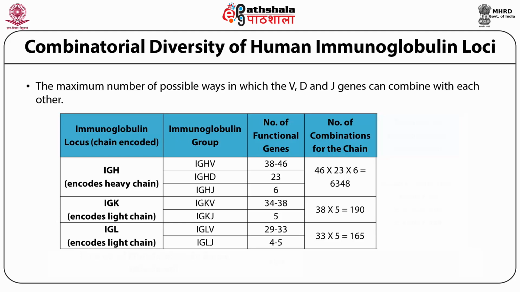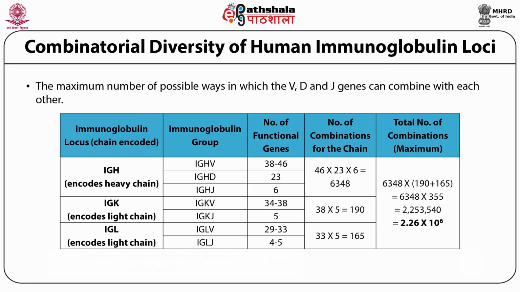For calculating the maximum number of antigen specificities for all the immunoglobulin loci combined, we need to remember that only one light chain locus is found in an immunoglobulin molecule. Therefore, we need to add the maximum number of antigen specificities for light chain genes, that is 190 plus 165, and that gives us 355.